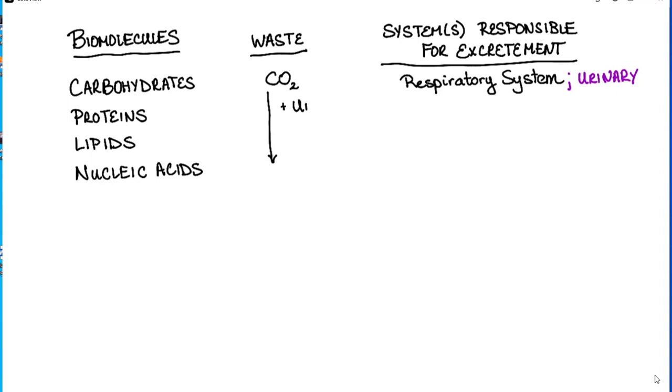And if you sense that the word urea and urine sound awfully similar, you wouldn't be off base. Lipids produce a group of molecules called ketone bodies. And nucleic acids produce something called uric acid.